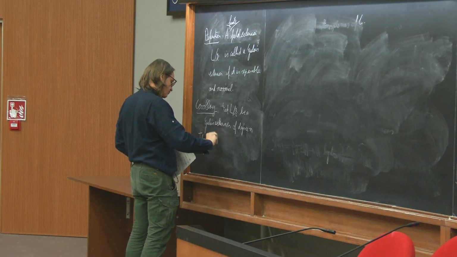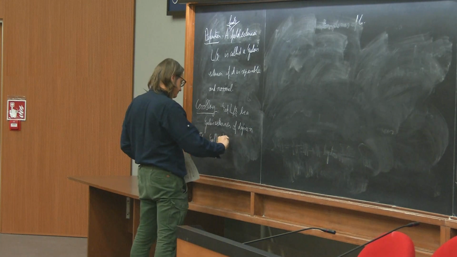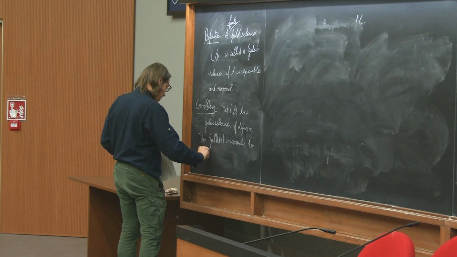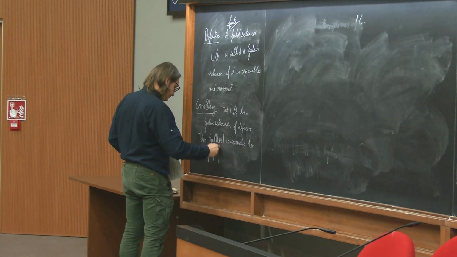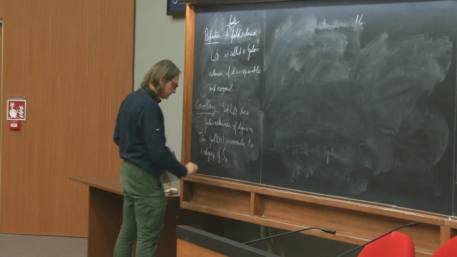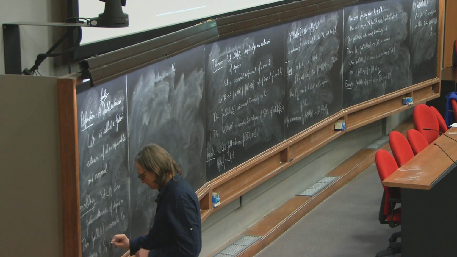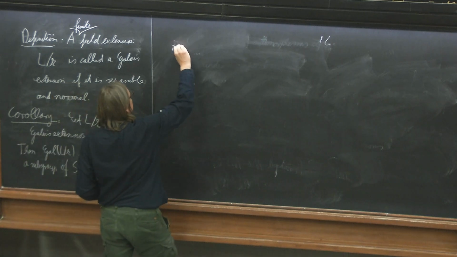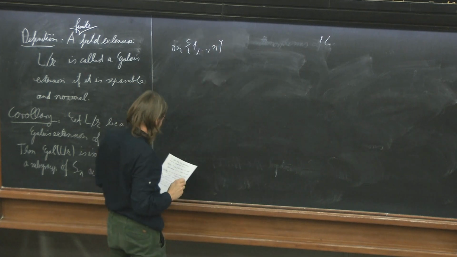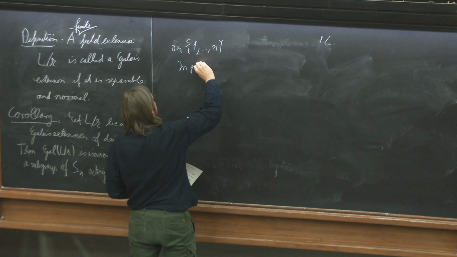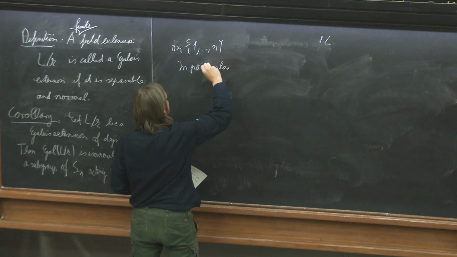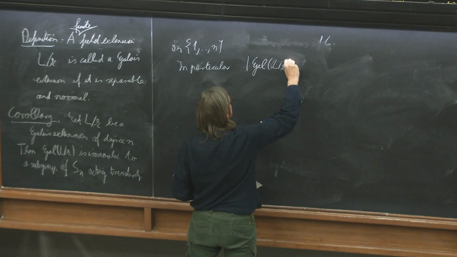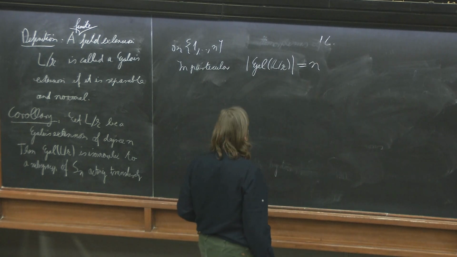Then the Galois group of L over K is isomorphic to a subgroup of the symmetric group in n letters, the same n, which acts transitively on the set 1 to n, and in particular the number of elements in the Galois group, the order of the group, is equal to n, the degree of the field extension.